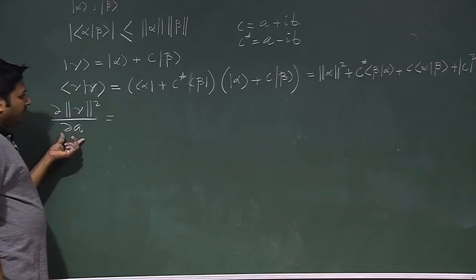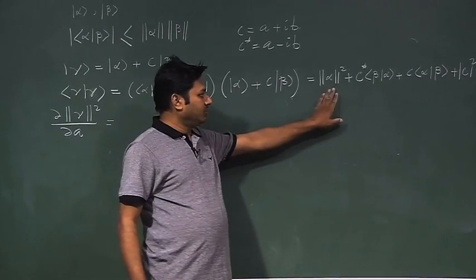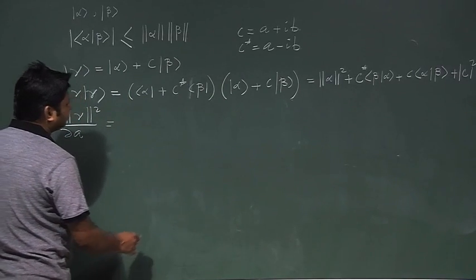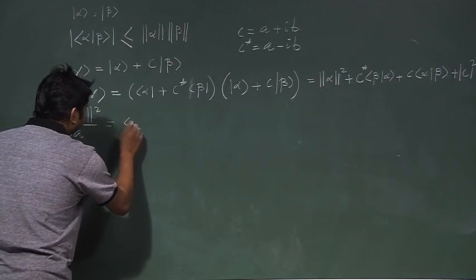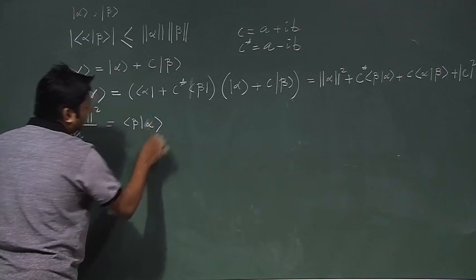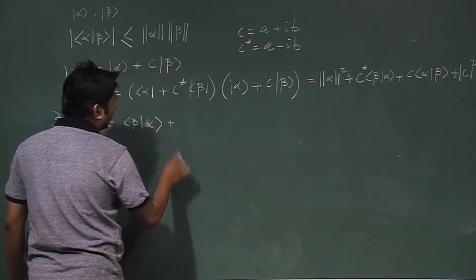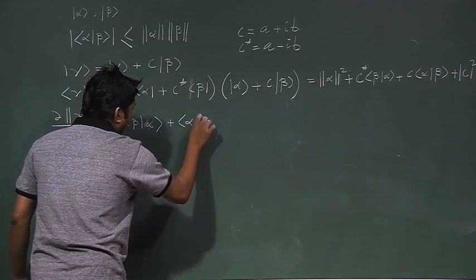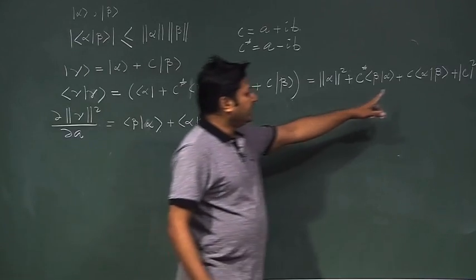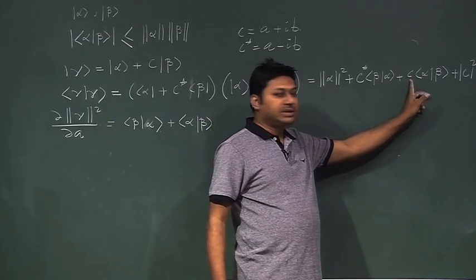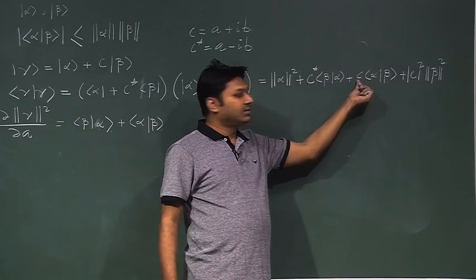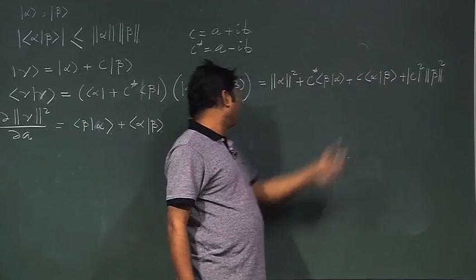When I make a derivative with respect to a, this first term is 0 because there is no a. So, this term will be simply beta alpha. The second term will be plus alpha beta, because c is a plus ib, and when I make a derivative with respect to a, only the a term remains, the other term will not be there, it is a partial derivative.